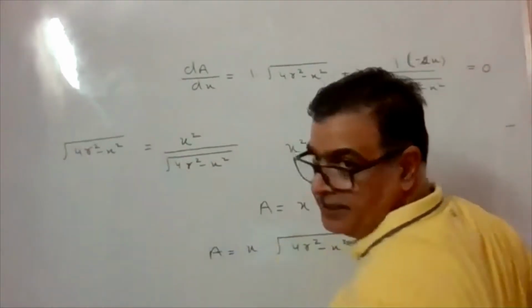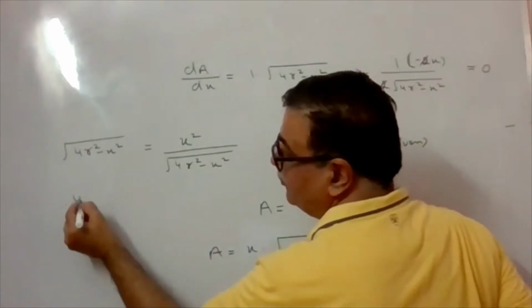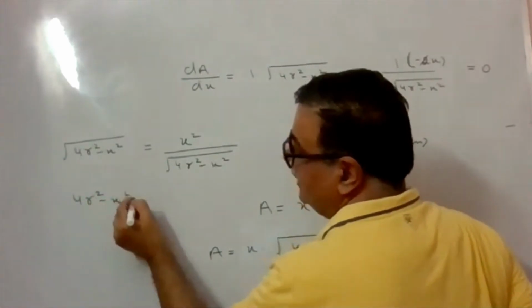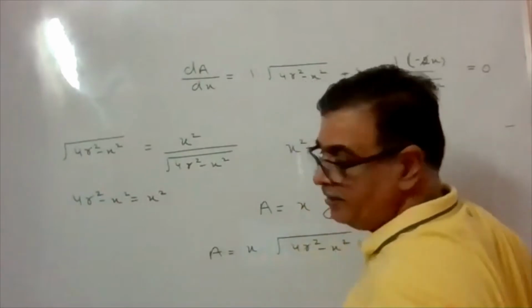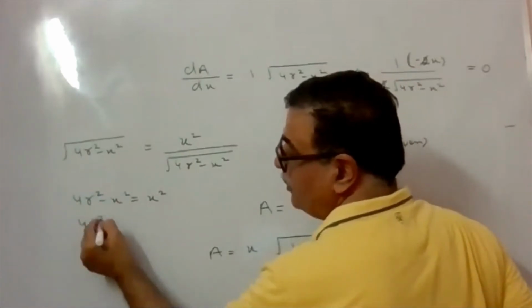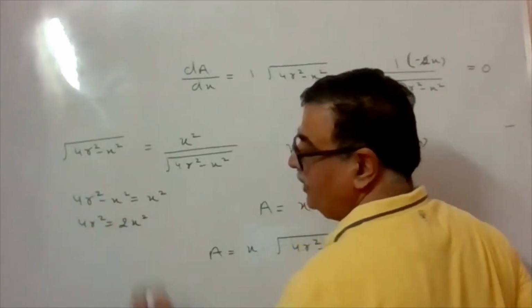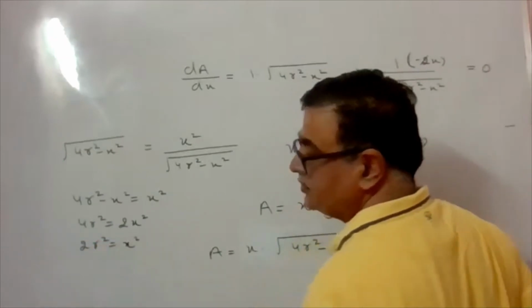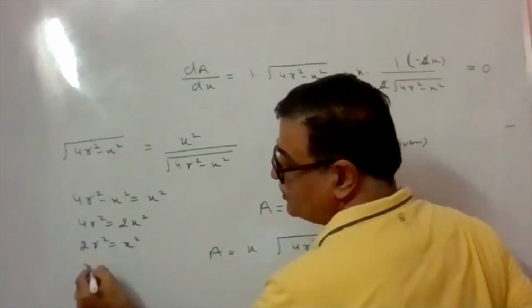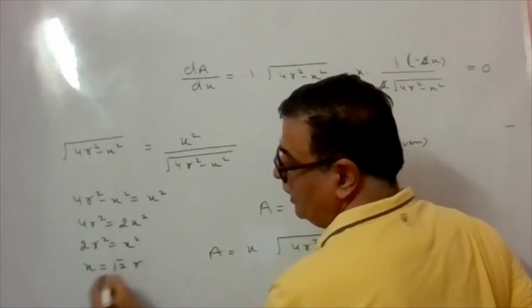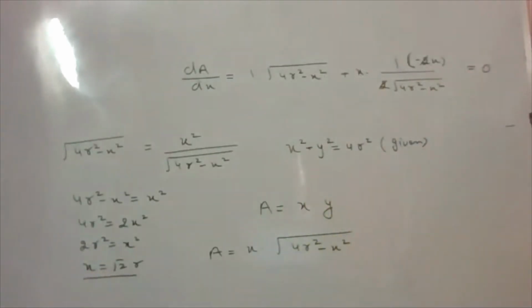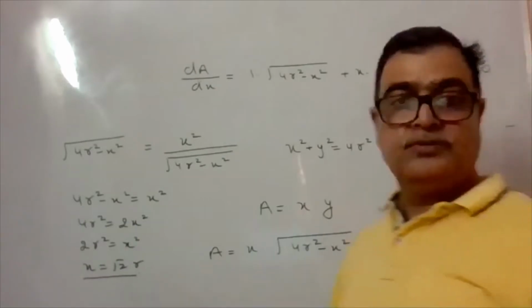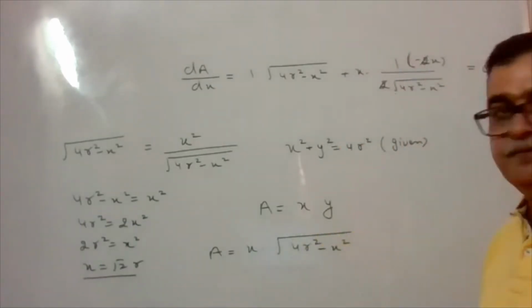I'll take this to this side. I got 4r square minus x square is coming x square, or I should say 2r square is coming x square, or I should say x is coming root 2r. Again, plus minus should not be taken. X is coming root 2r.